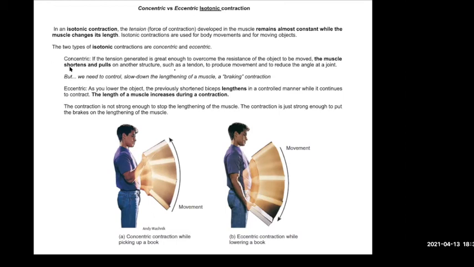It's the normal one you're thinking of when I say the biceps brachii. Its action is to flex at the elbow. That's a concentric isotonic contraction right there. So the tension generated is great enough to overcome the resistance. The muscle shortening pulls on the other structures. Those two bones are going to be pulled around the fulcrum toward each other.